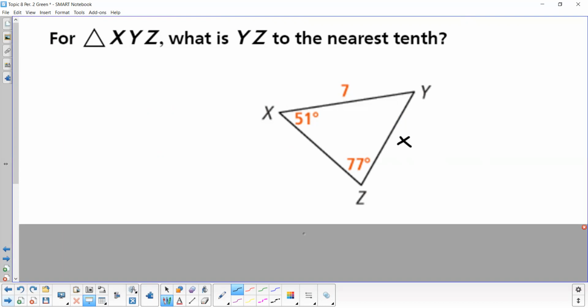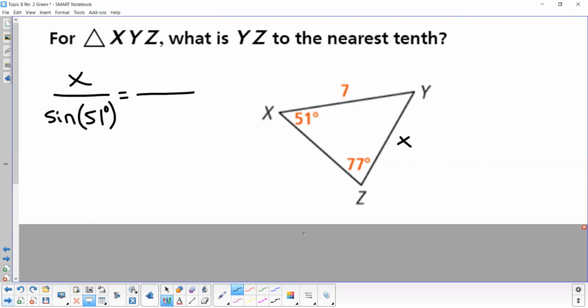So we're going to say X over sine of the angle across from X, which is 51. And now I need another set of side and angle across from each other. Well, we know that there's a side of 7.